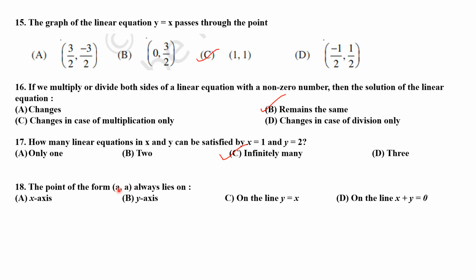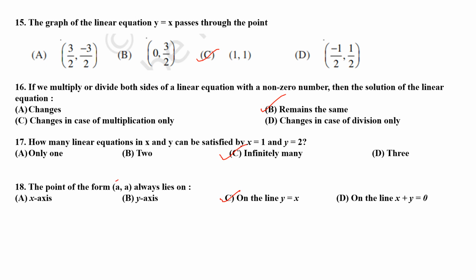Now, 18, the point of the form a comma a always lies on. Now see, for a comma a, both x and y coordinates are the same. And where is it possible? If it is on the line y equal to x, here also both y and x are the same, isn't it? So C is the correct option. And if it would lie on the x-axis, then the y coordinate would be 0. But here the y coordinate is given as a. And if it would lie on the y-axis, the x coordinate should be 0.